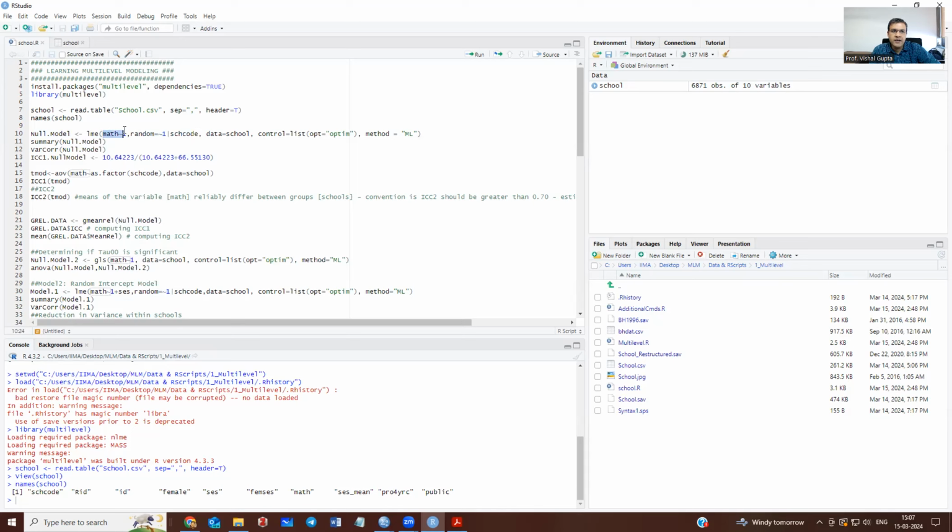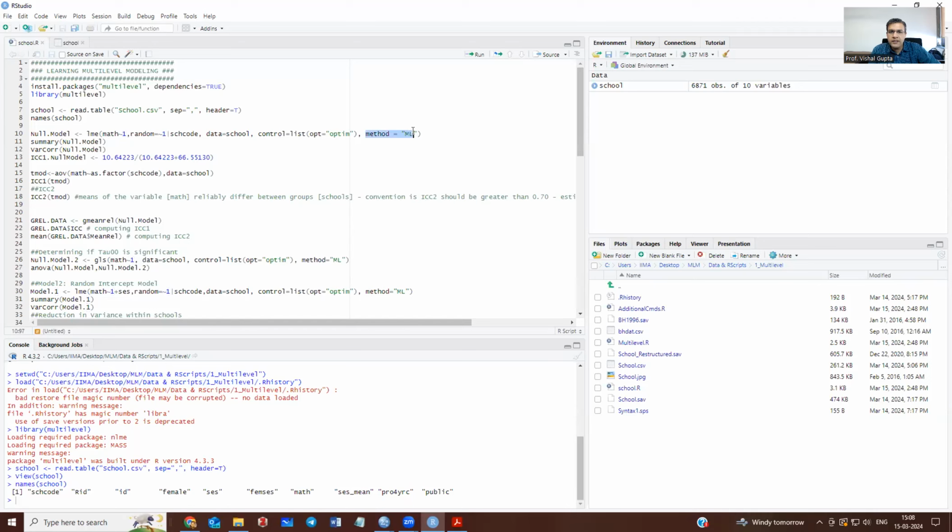So math is regressed on 1, which is the intercept, and random is equal to tilde 1, which is again just the intercept, and we are saying that the intercept varies per school code, for every school, right? It varies for every school. Data is equal to school. This is something that I told you that we will put as an optimization control. You don't have to worry about it.